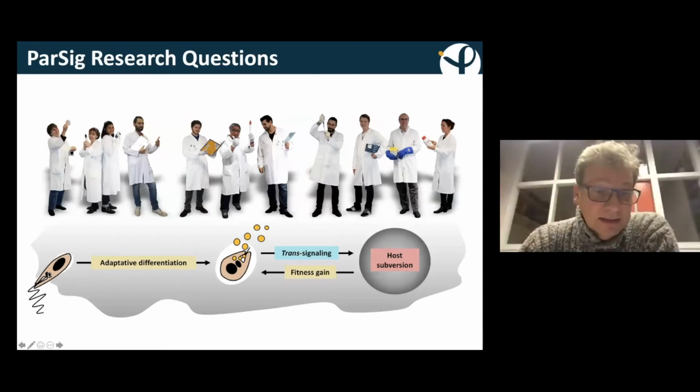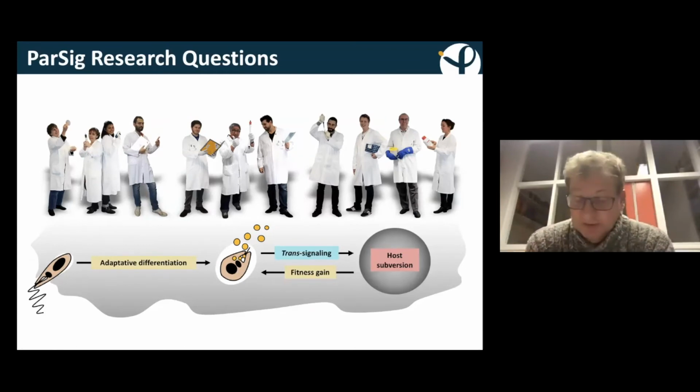For example, how can this insect form sense that it's now in a macrophage and develop into this intracellular form, where not only the morphology and structure are very different, but the whole biology is very different. Another question is, how is it possible that the macrophage cannot work properly anymore and is literally paralyzed? This side is the host, what we call subversion by the parasite.